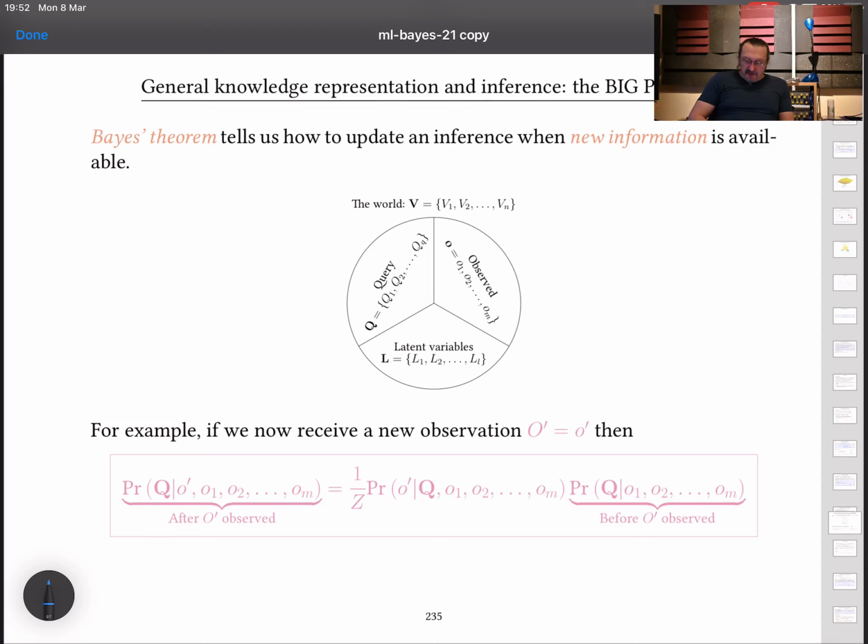This is an inference that you will have made before it was observed. This is the inference that is made after it's observed. And Bayes' theorem just tells you exactly how to turn one into the other. Now, I explained that in some detail in the introductory lecture, or one of the first couple of introductory lectures. And if you want more detail, I think it's easiest if I just suggest you go back and watch that again.